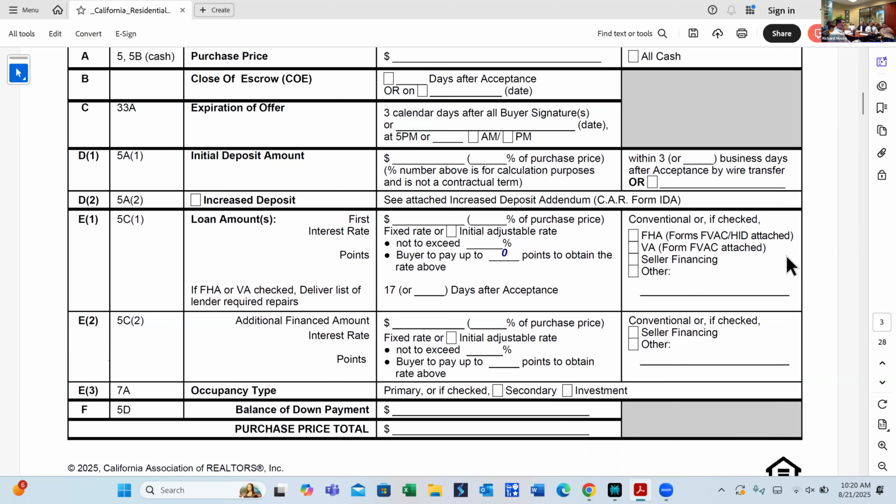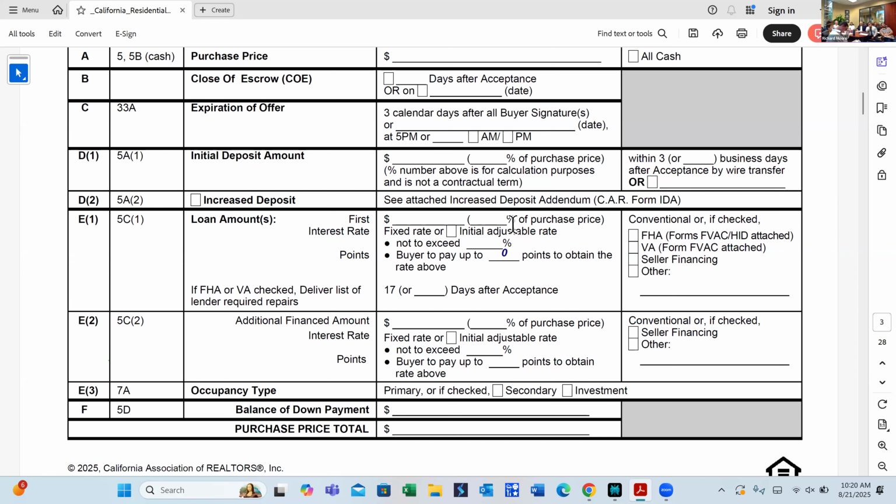Section 3E1, loan amount. In this particular case, let's assume we're purchasing a property for $1 million and we intend to put 20% down. Well, the loan amount in that case would be $800,000. Now, this is the exact polar opposite of the initial deposit.